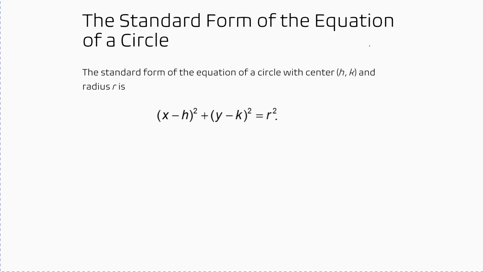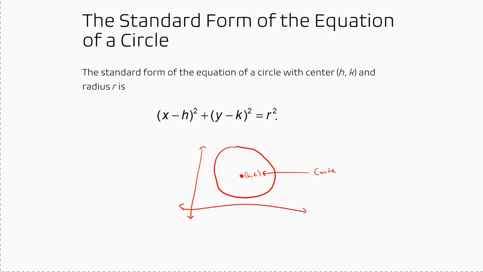Okay, so the standard form of the equation of a circle with center (h, k). You're going to have this circle in the Cartesian plane, and the center of the circle is going to be the point (h, k). This is a really terrible circle, but you get the idea. There's the center, and the radius r is that right there.